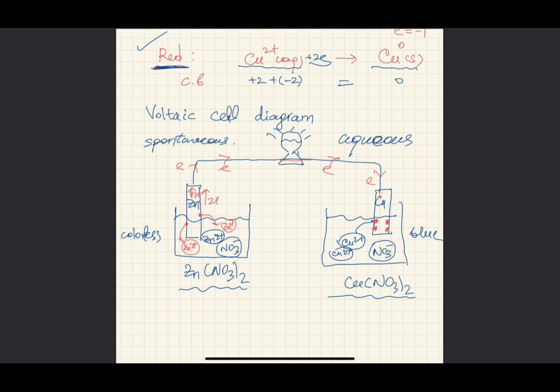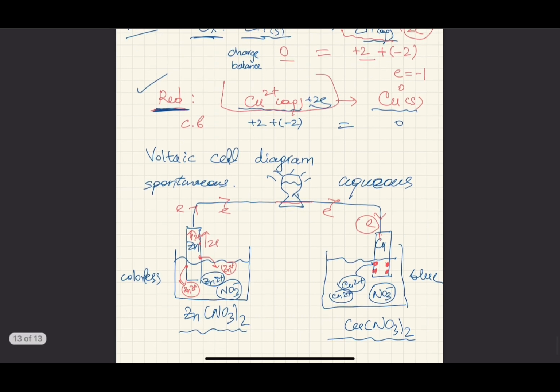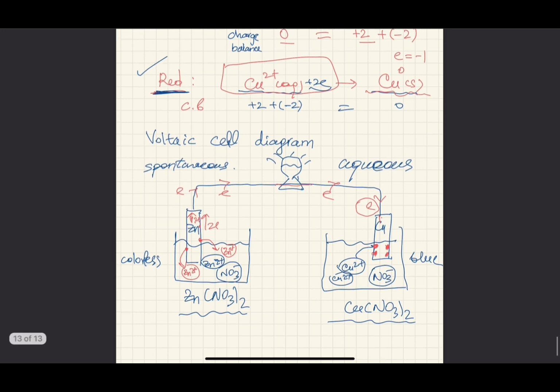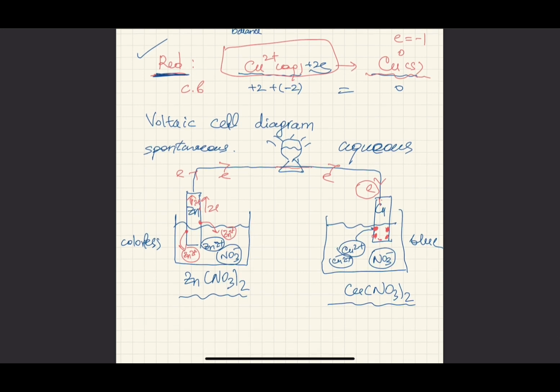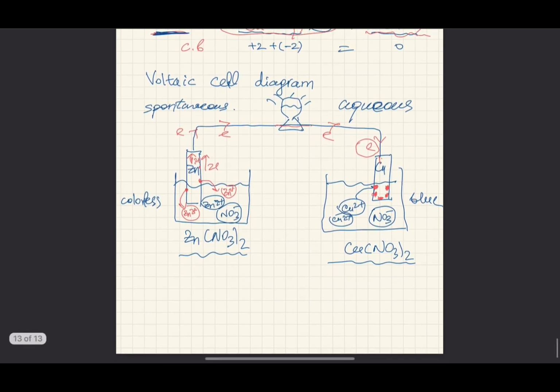And then copper is binding with this electron in here, as you guys can see in the reaction, making solid copper. The solid copper is the one that sticks to the metal, okay? So as a product, now I have lots of zinc plus 2 charges in here, and all of this copper is gone. It's coming and sticking to the metal.